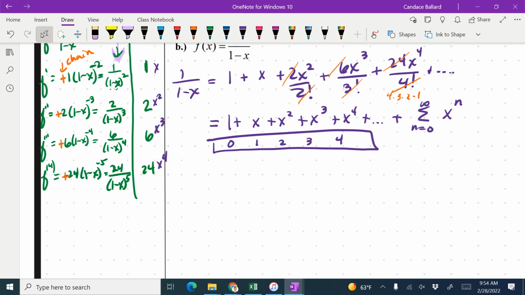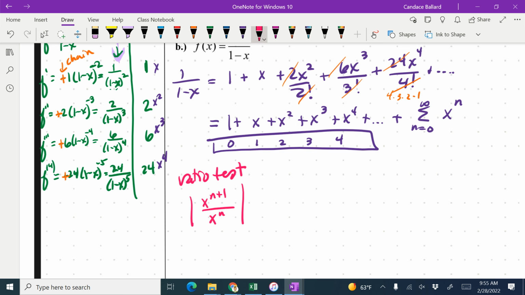Okay. So let's pull out our ratio test. Ratio test says that we put in n plus 1, right? So we have the absolute value of x to the n plus 1 over x to the n.